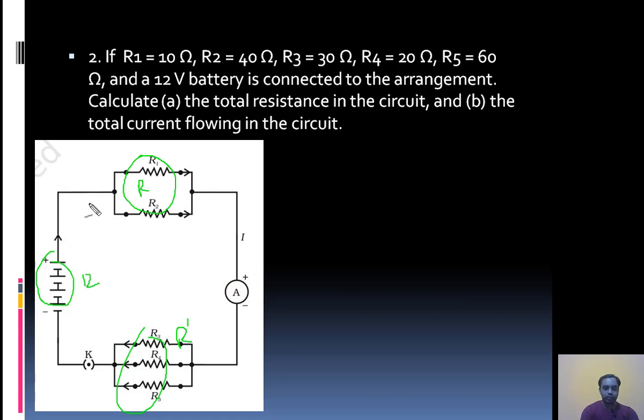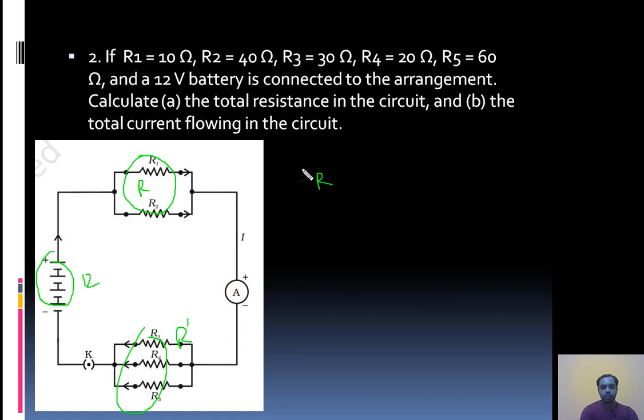Now from here current will flow through R, then through the ammeter, then through R dash. So now this is connected in series. So first we will find out the value of this, then the value of this, then according to series connection we will find.